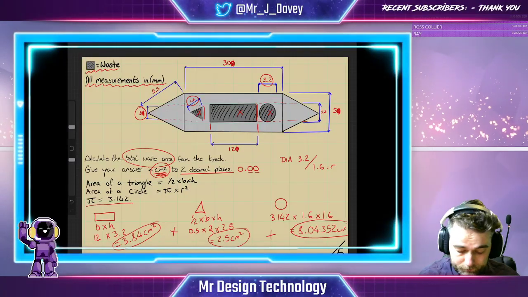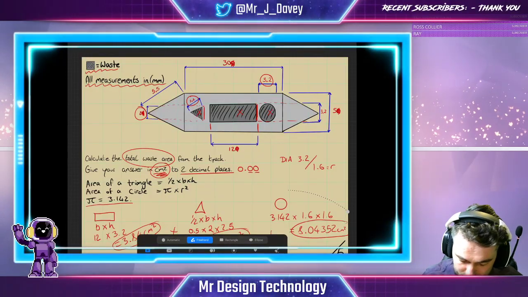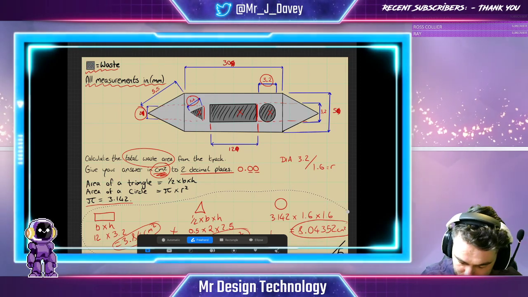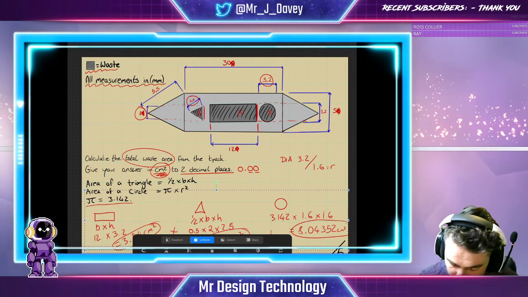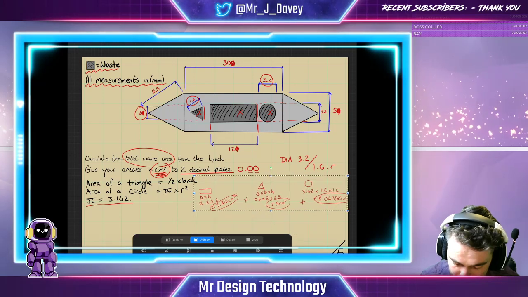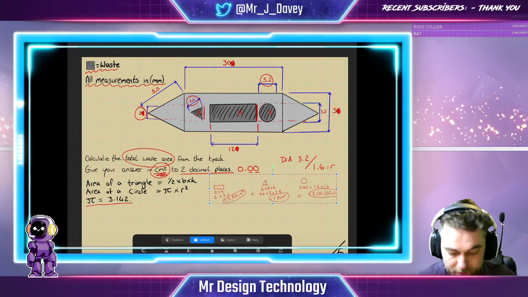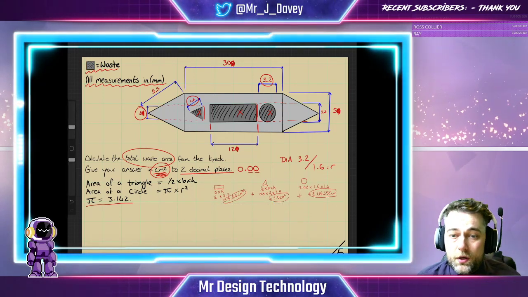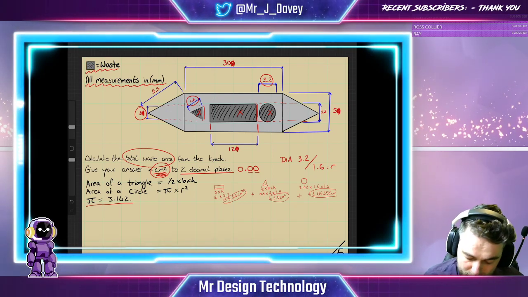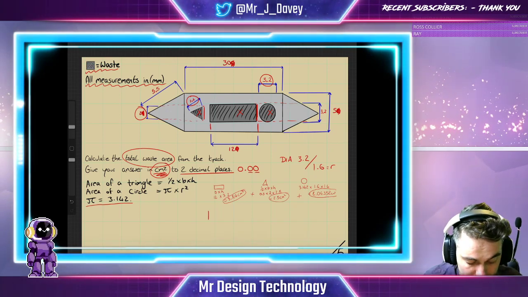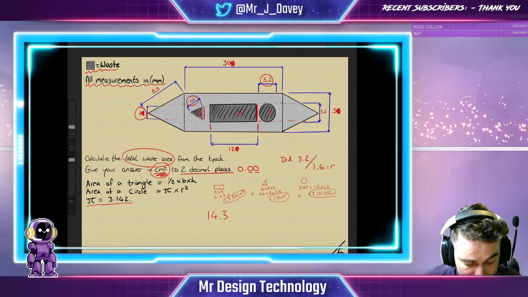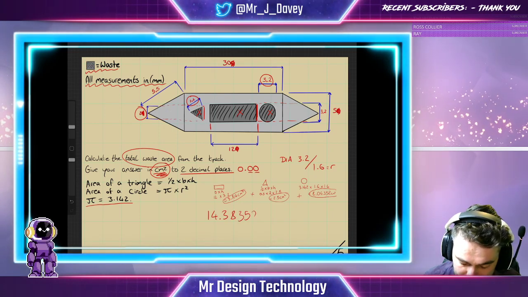Okay, so there are our answers. Let's grab all those. So I'm going to need a little bit more room. Let's move those over here so that they're out of the way for now. Right, so hopefully you've had a chance to add that up, and of course we end up with this crazy long number, which is 14.38352.